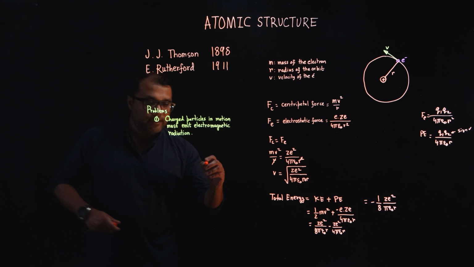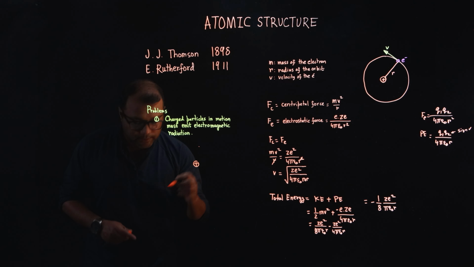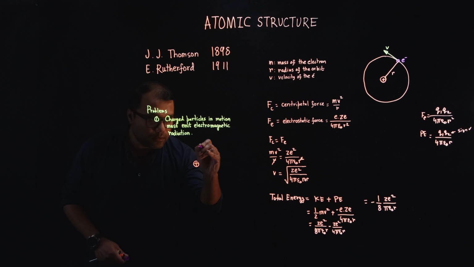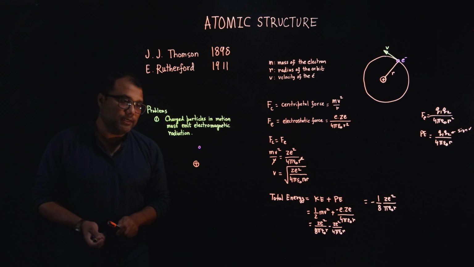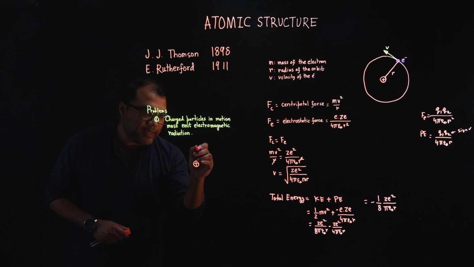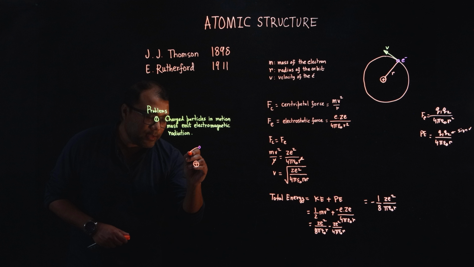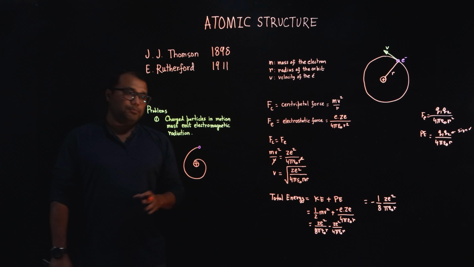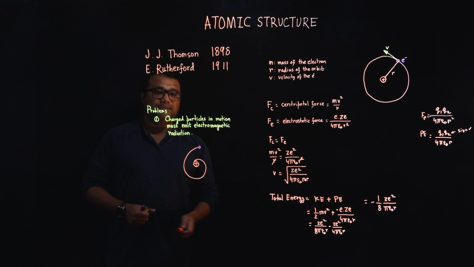If that was the case, then this electron, let's say it starts from here, is revolving around the nucleus, and if it emits electromagnetic radiation, it will quickly start to lose energy and very soon it will fall into the nucleus, right? The model will collapse, but we know that atoms do exist, so definitely there was something missing here.